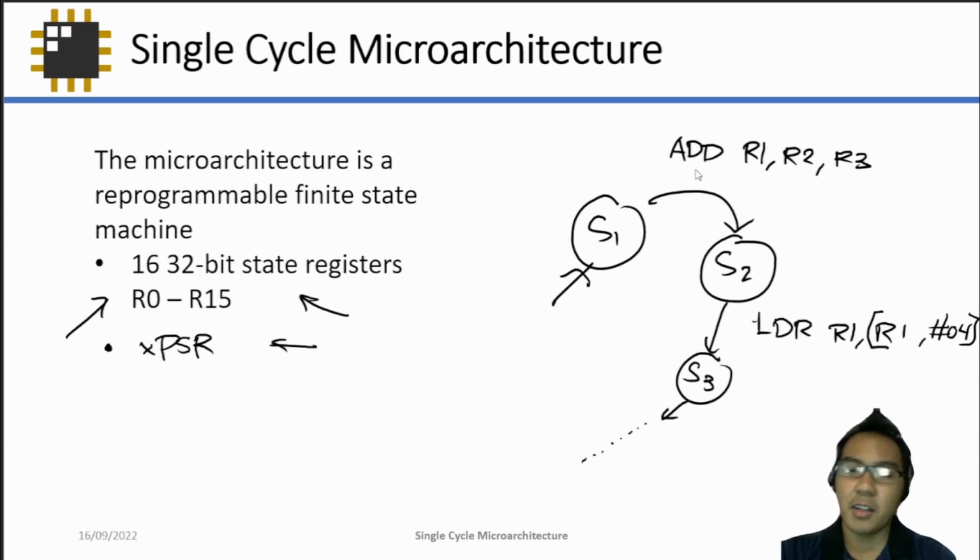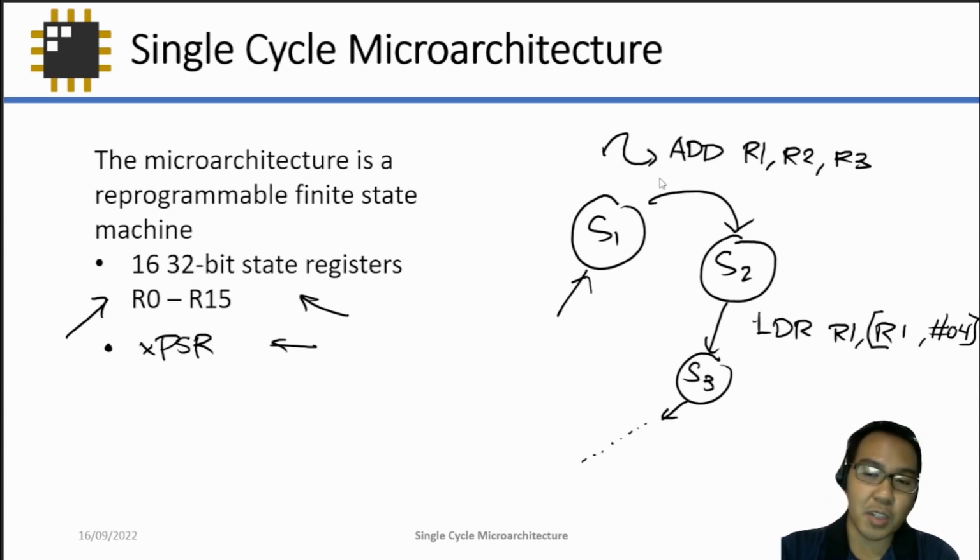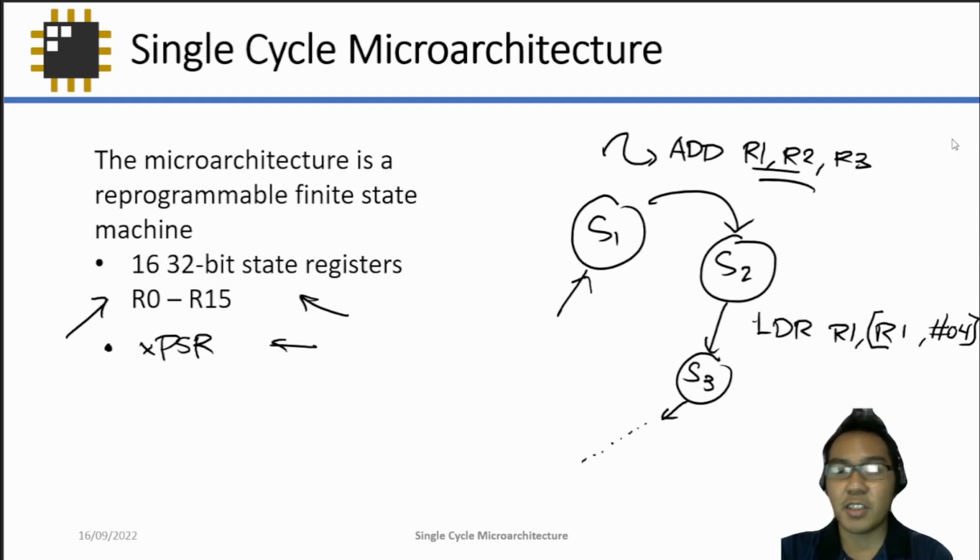So actually, you're most likely never going back to a specific state unless you rerun a program completely. So something to keep in mind. But the main takeaway is you can think of a processor as a finite state machine whose inputs are the instructions, and because you can change the instructions, it's a reprogrammable finite state machine.